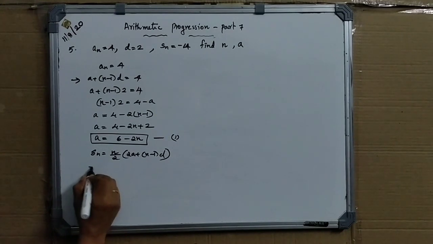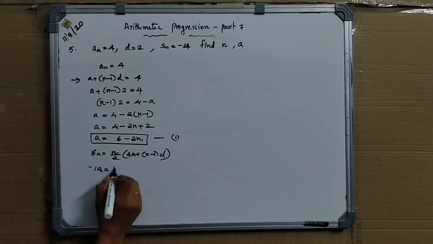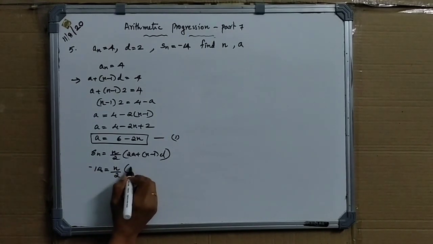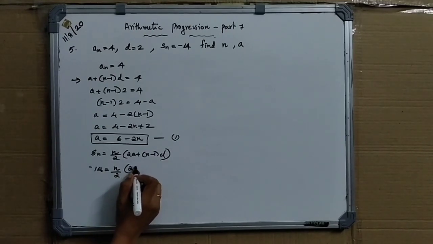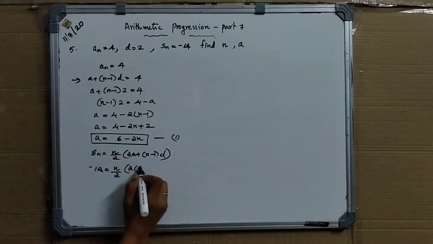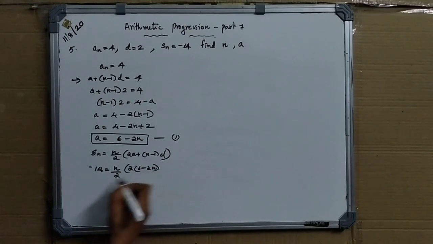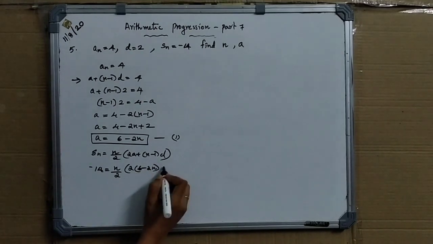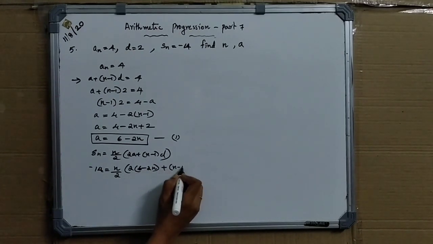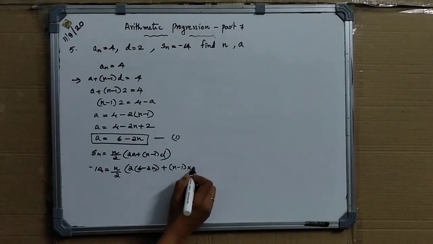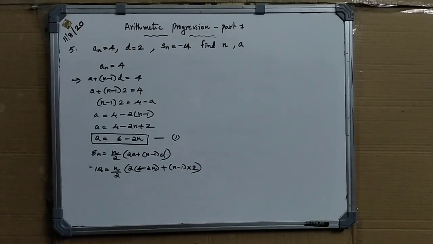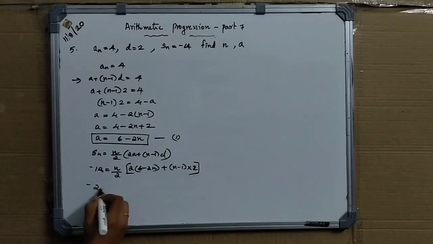So Sn is negative 14 equal to n by 2 into (2 into a. What is a? A we got it as 6 minus 2n) plus (n minus 1) into d, we know it is 2. Okay. Now minus 28, 2 into minus 14.